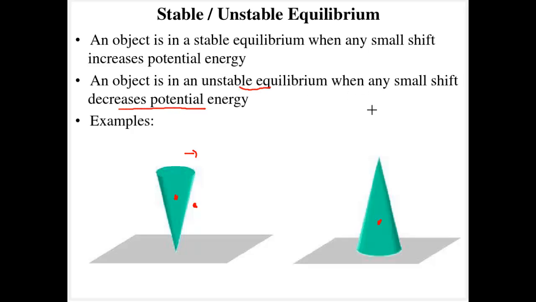Therefore, this object is in unstable equilibrium. For this one right here, if I push it off to the side, the center of gravity is going to move up. Therefore, I have increased this object's potential energy. This object is in stable equilibrium.